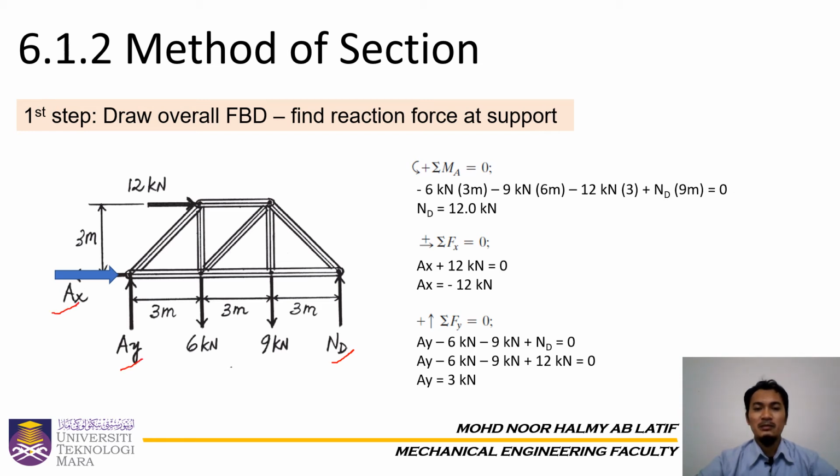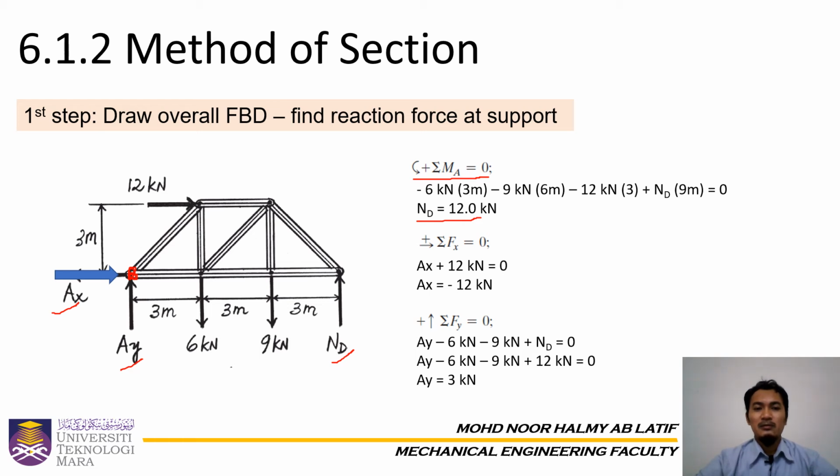By using the summation of moment at point A, this is because A has the most unknown, we're going to get ND is equal to 12 kilonewton.